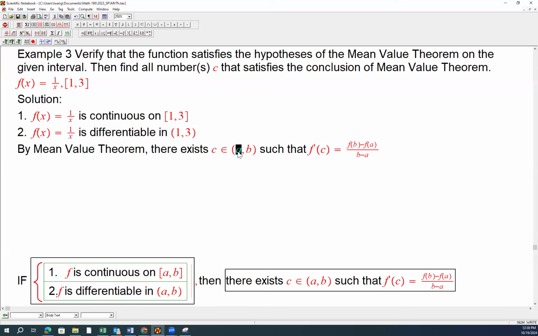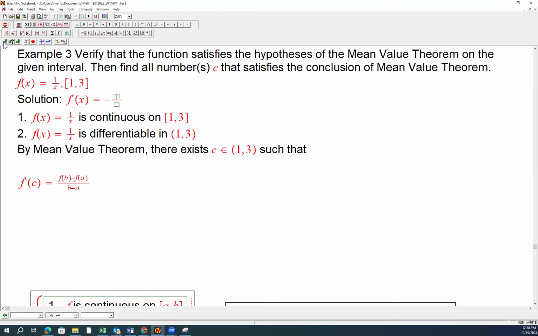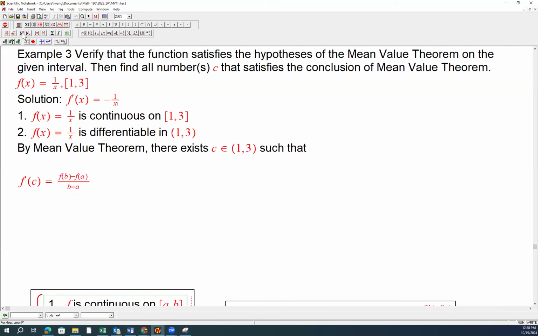However, you need to replace a by 1 and b by 3, and we're going to have the following substitution process. In this substitution, we need to find the derivative. The derivative can be found from the beginning or when we need it. So the derivative of 1 over x is negative 1 over x squared.